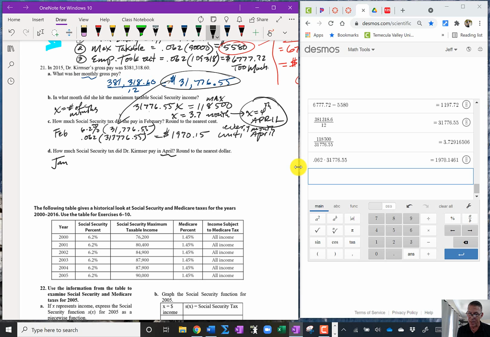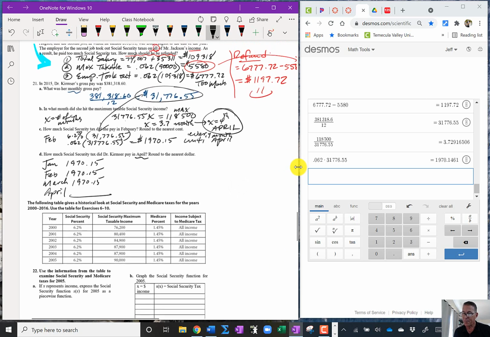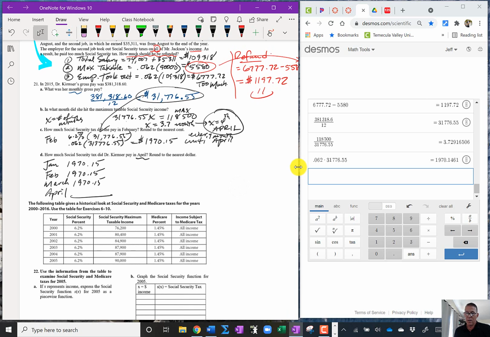Not sure if we've done that yet. We haven't, so let's calculate it. That's 0.062 times 118,500. That's $7,347 max per year.